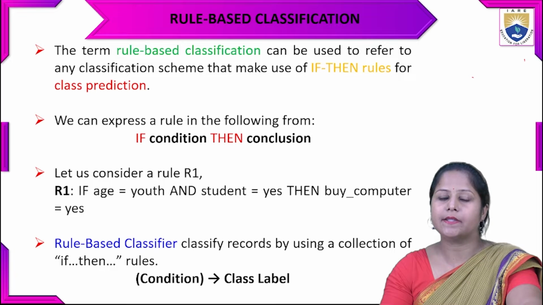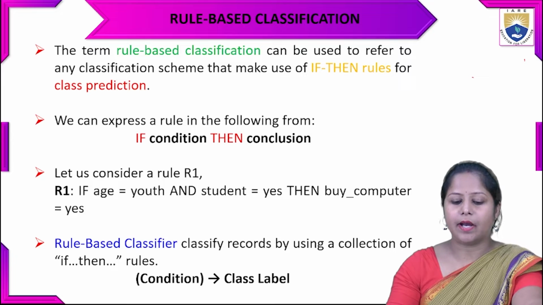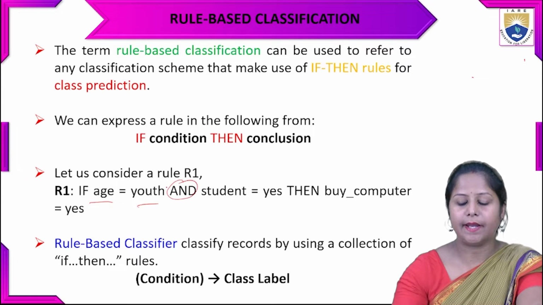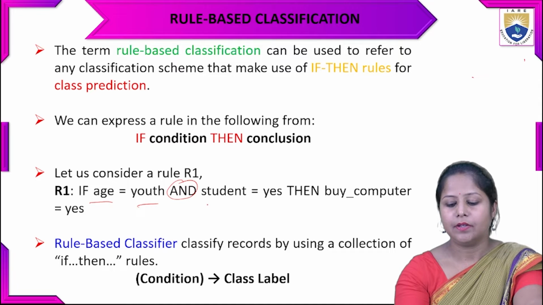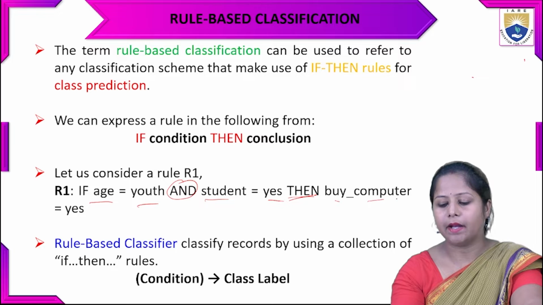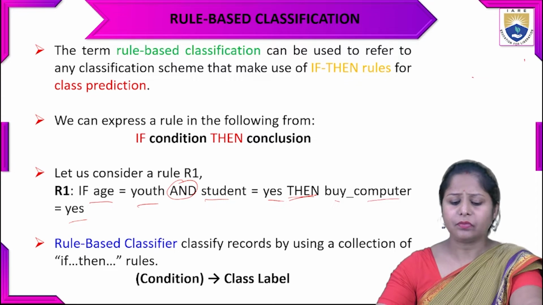Let us consider a rule R1: if age is equal to youth and student is equal to yes, then buys computer is equal to yes. So this is a rule.